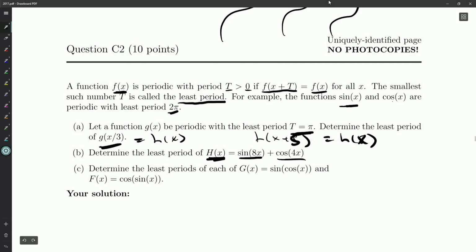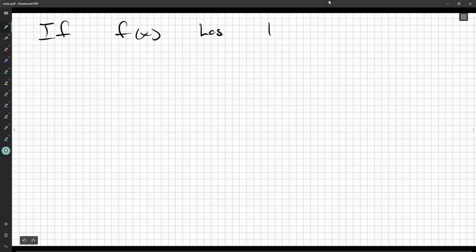Okay, so we got sine x and cos x. We were told they have a least period of 2 pi. Now you might notice in the last question and this one, if f of x has least period t, then you can actually show this.